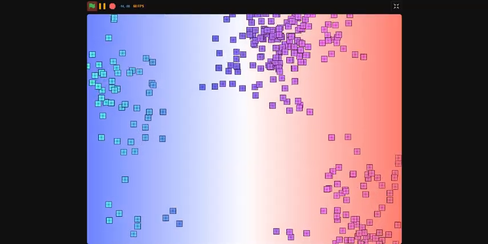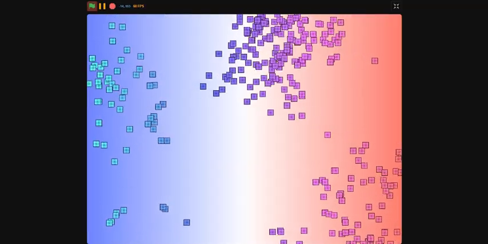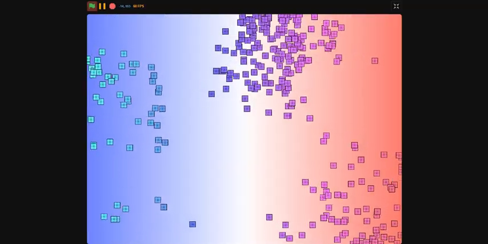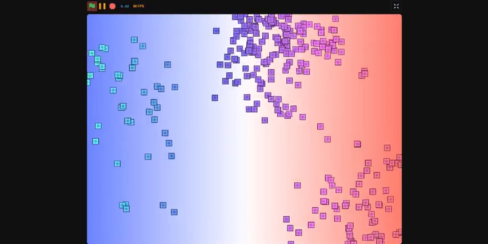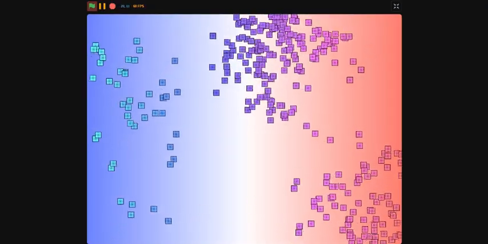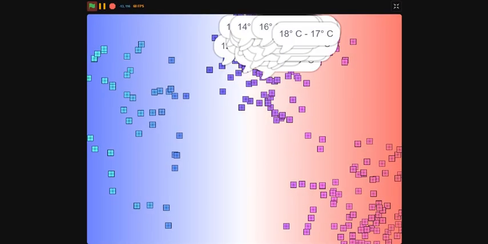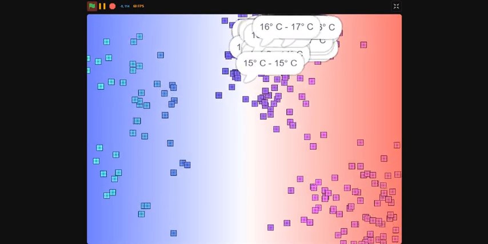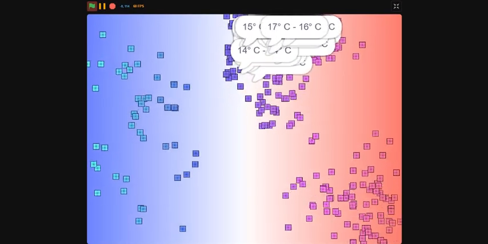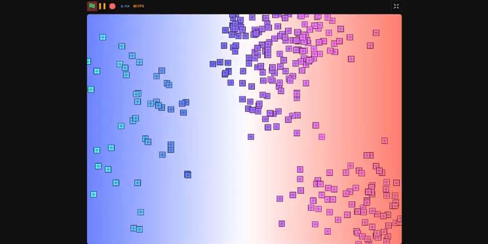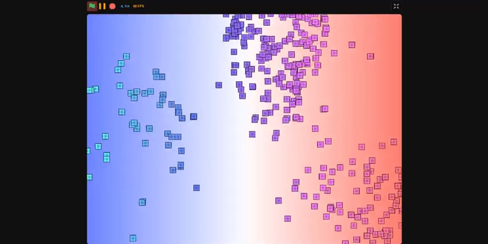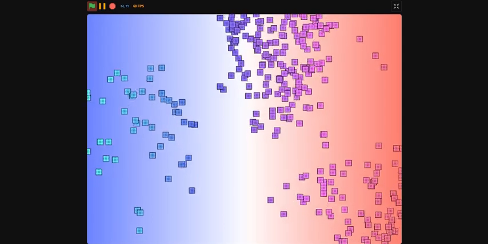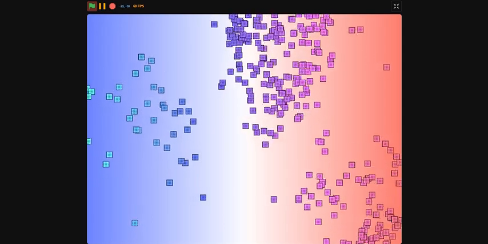We also have the Twilight Zone, otherwise known as the Goldilocks zone, where each square has a purple-blue color. If I check here, the average of the Goldilocks zone is 15. So the middle temperature is 15, which, if we lived in this simulation, is not really good for us.